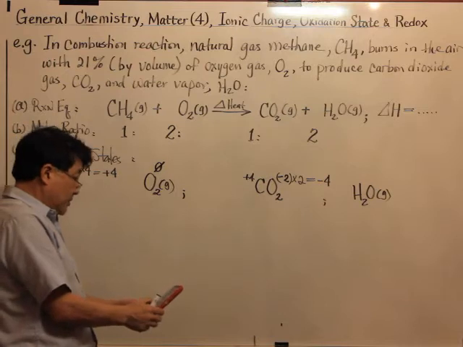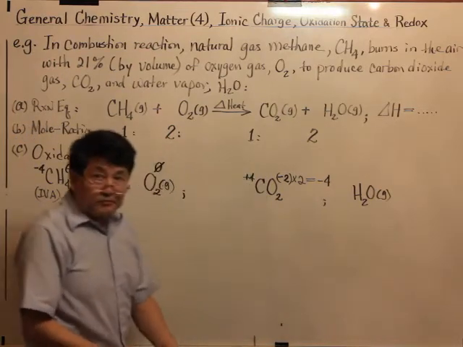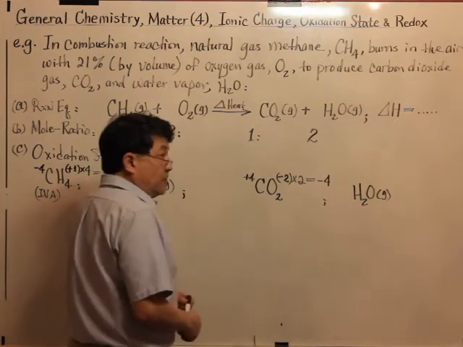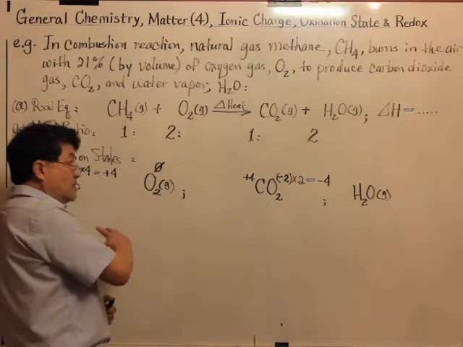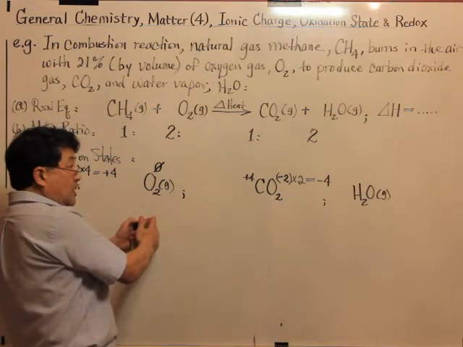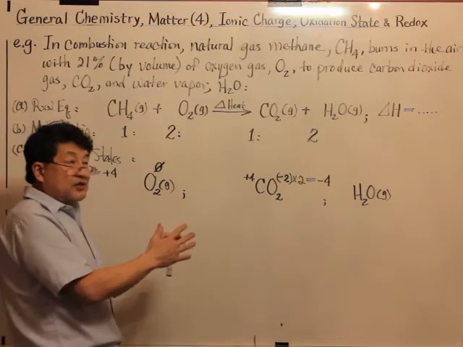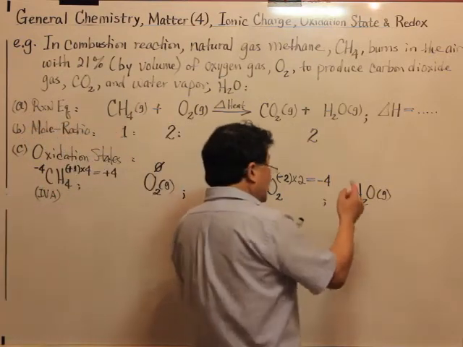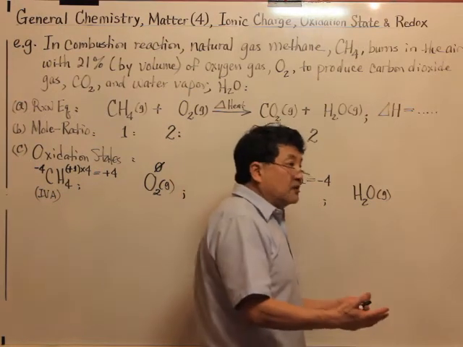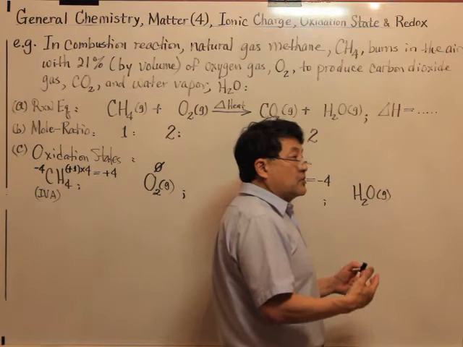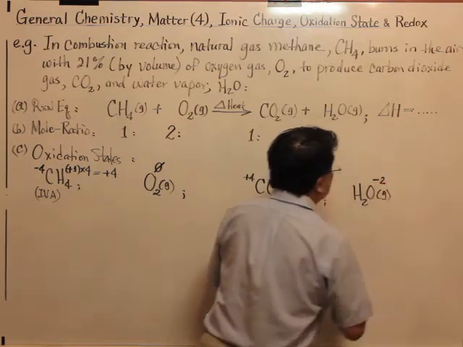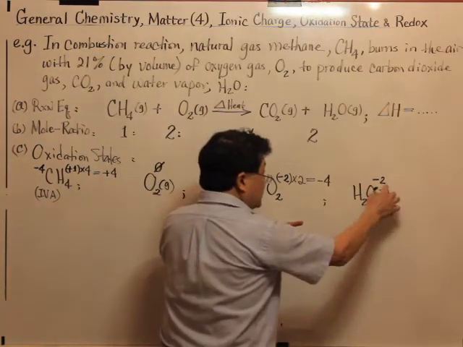All right, so the water, again, the oxygen forms a compound with hydrogen, not by itself as a diatomic molecule to appear as 0 oxidation state. But this time, again, the oxygen tends to be more stable by gaining 2 electrons to achieve the electron configuration like neon gas. So it will show a -2 oxidation state, and we only have 1, so that's -2.